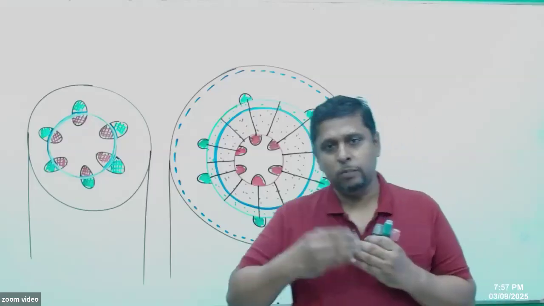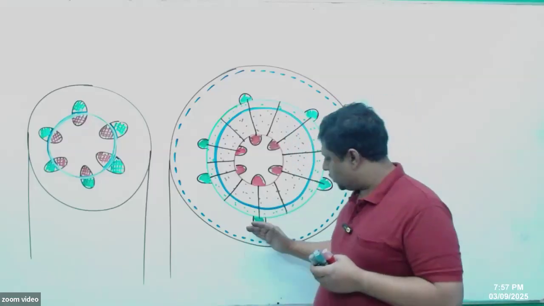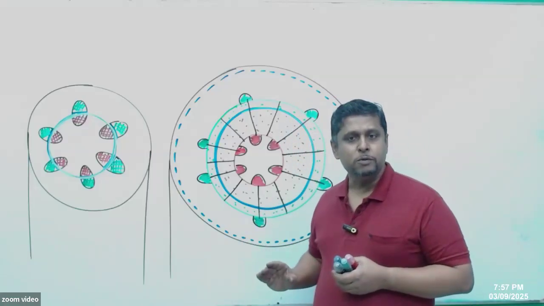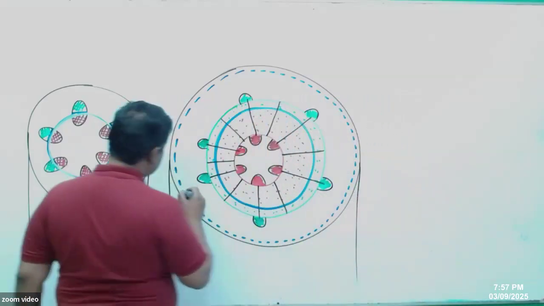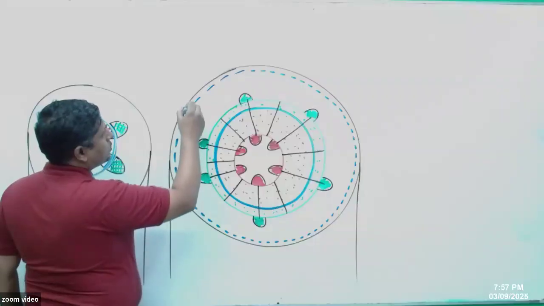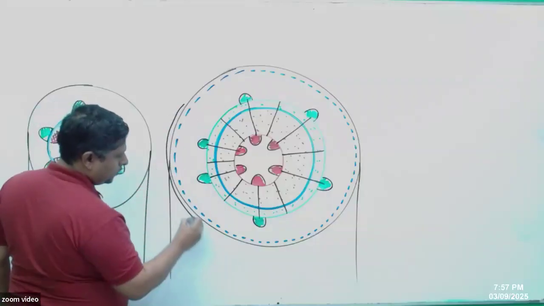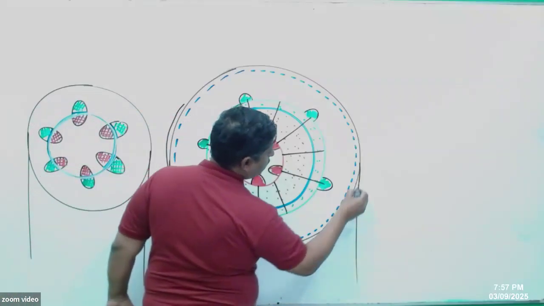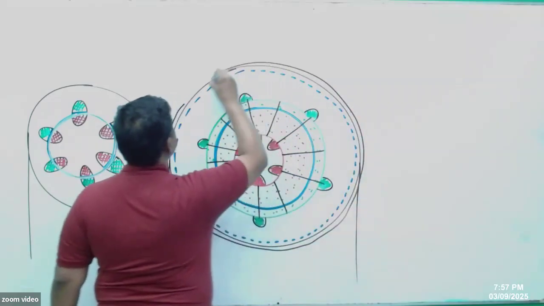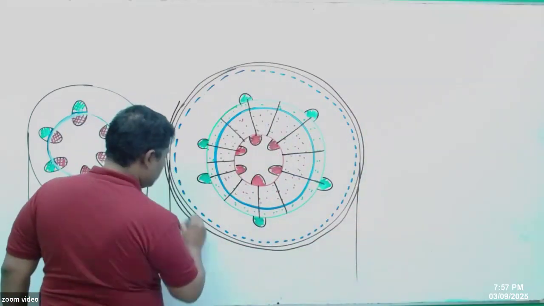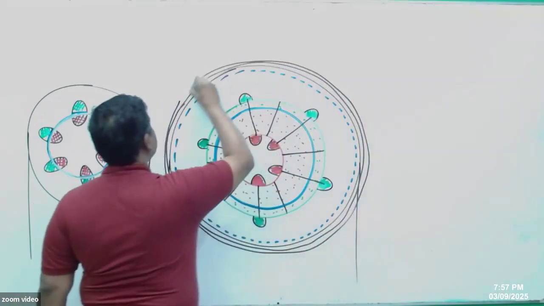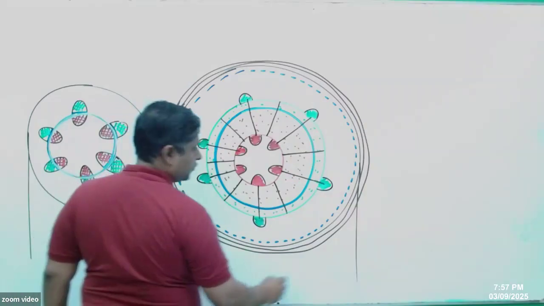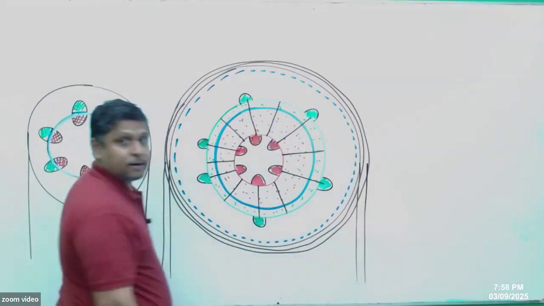So what is formed by the cork cambium? From the cork cambium towards outside, what does it form, people? Cork cells. So cork cells are going to form towards outside. Let me show you here. Inside, some cells are formed, but you don't have to bother about that. We'll take it like that.